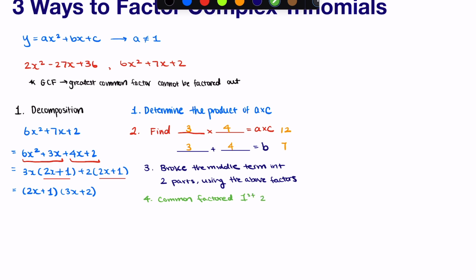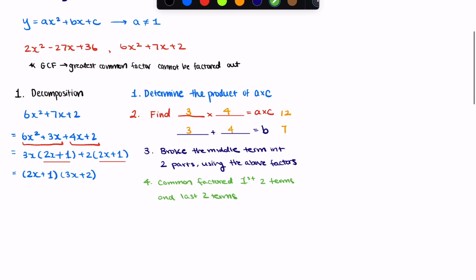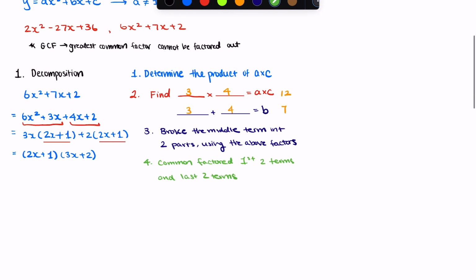And the last step, number 5, is to common factor the common bracket. Okay, so that's the way to factor by decomposition.